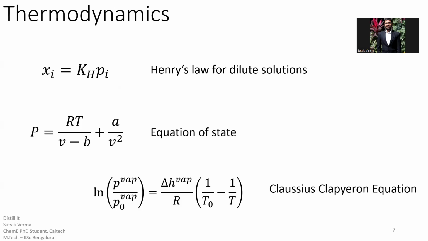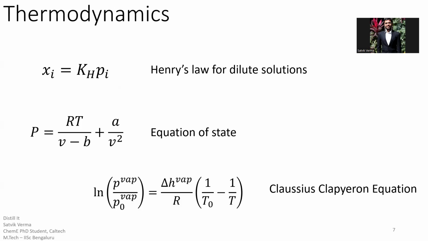Another thing that you often see in thermodynamics is the equation of state. An equation of state relates pressure, volume, and temperature. These equations of state help you predict the volume occupied by a gas at a given pressure or temperature. Similarly, it helps you predict the temperature of the gas at a given pressure and volume, and so on.